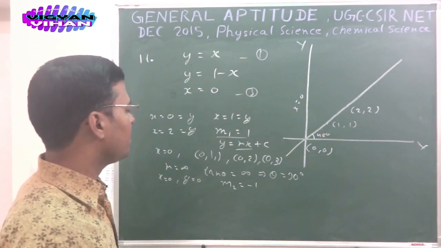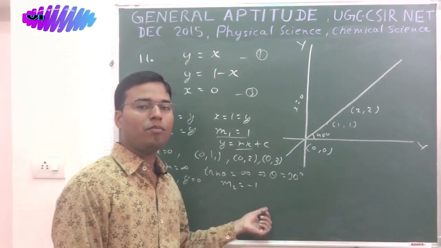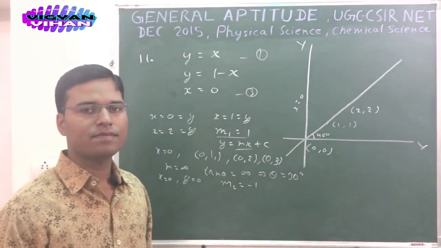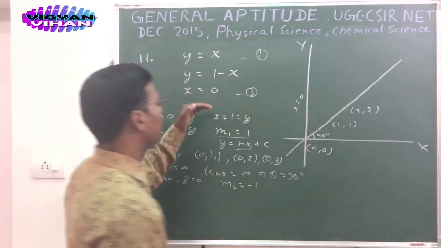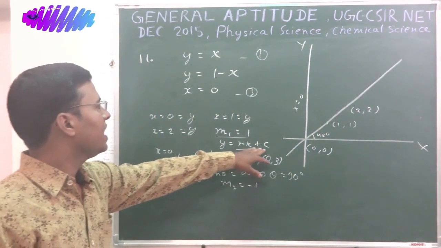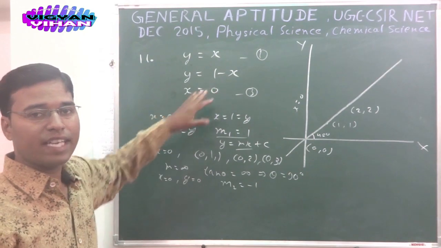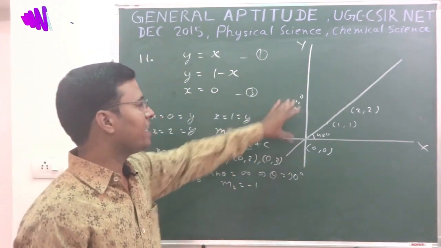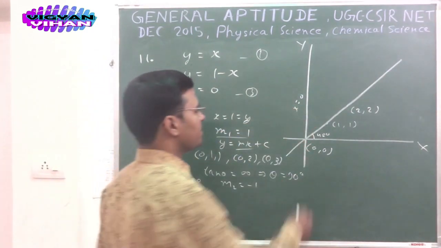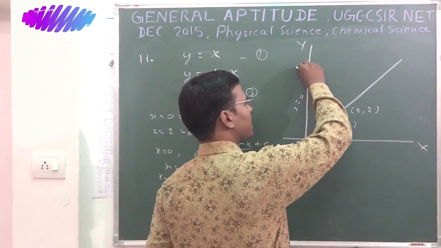In that condition, it makes a minus 45-degree angle with the x-axis, and also the c value is plus 1. For this equation, it makes an intercept of 1 unit on the positive y-axis.